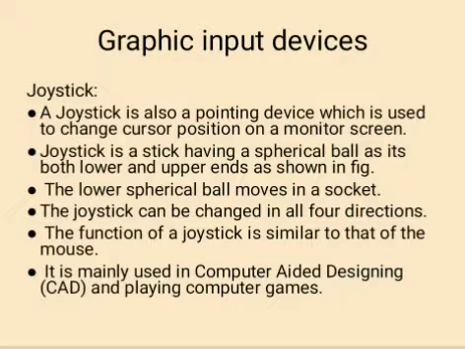Joysticks can also be used for controlling machines such as cranes, tankers, and powered wheelchairs. These joysticks have a lower spherical ball that moves in a socket, and the joystick can be moved in all four directions.